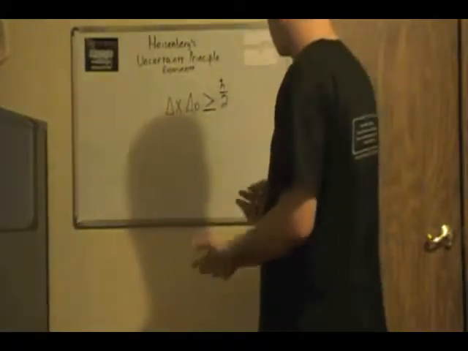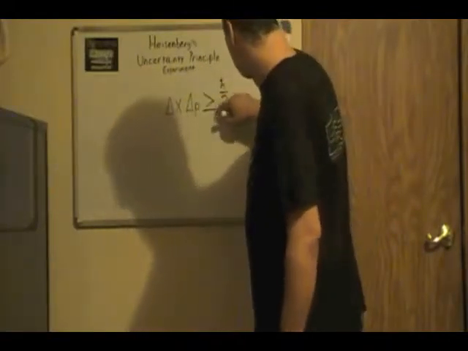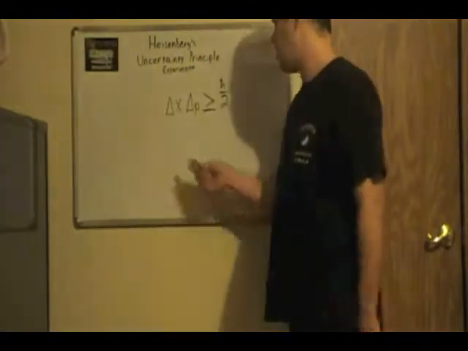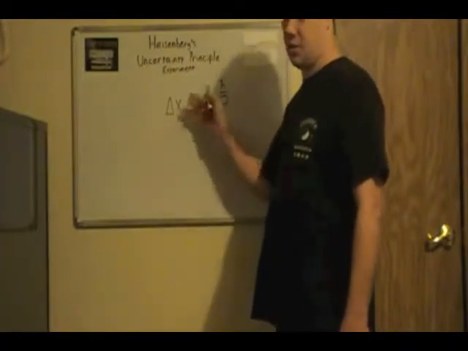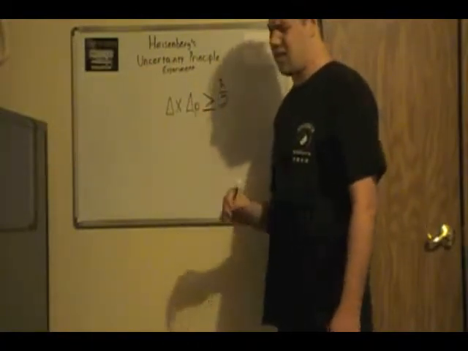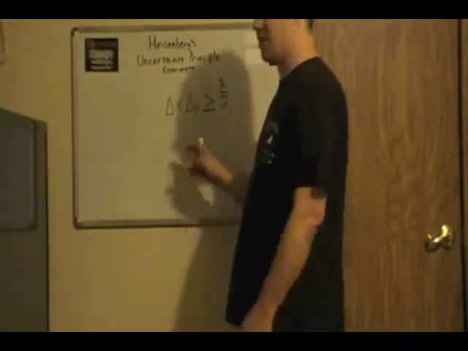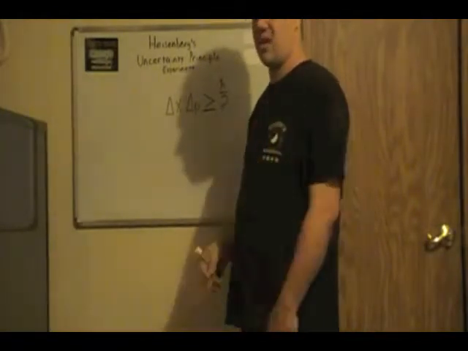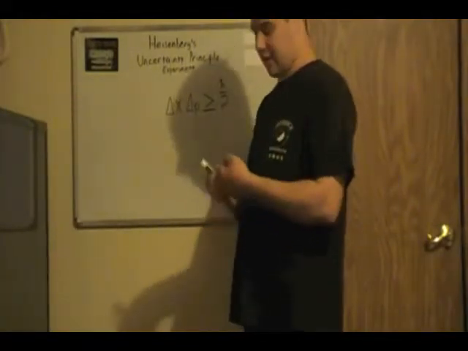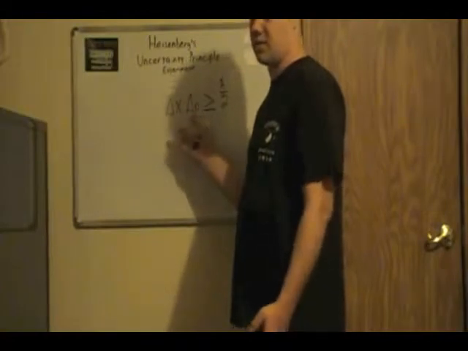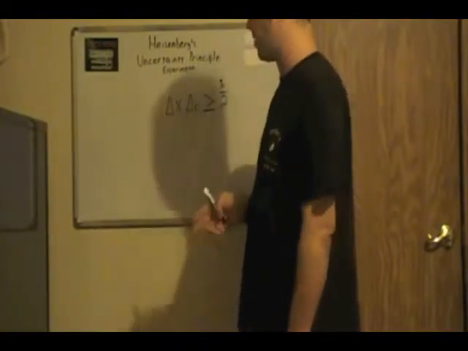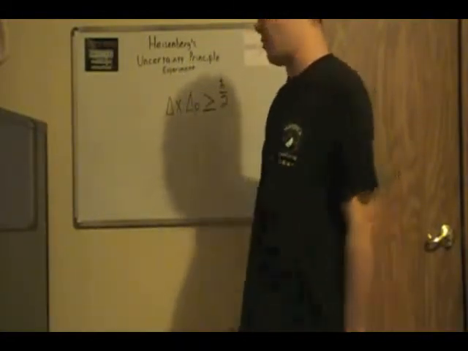So let me rewrite this. H bar over 2. We're saying that between these two properties, and there are several pairs of properties like this, but these are by far the most well known, and these are the two we're going to be working with in this experiment.